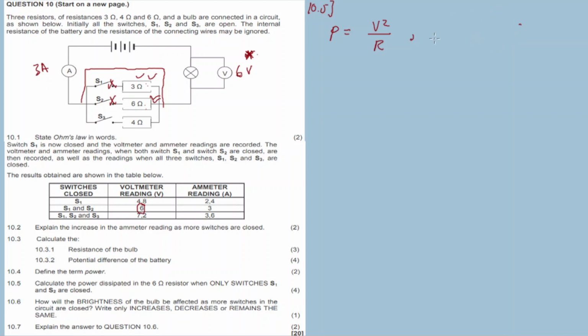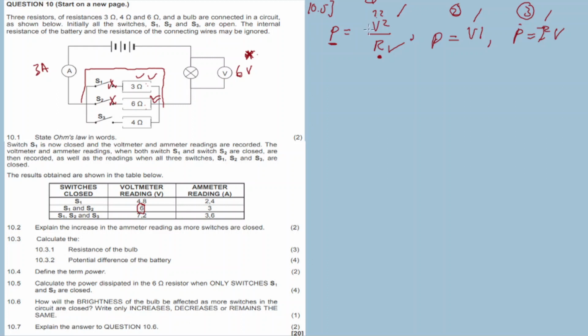Then P equals VI, and then P equals I squared times R. So in order to calculate the power, you need a potential difference as well as a resistance. For the 6 ohm resistor, I do have a resistance. Considering formula number 1, yes, I do have 6.